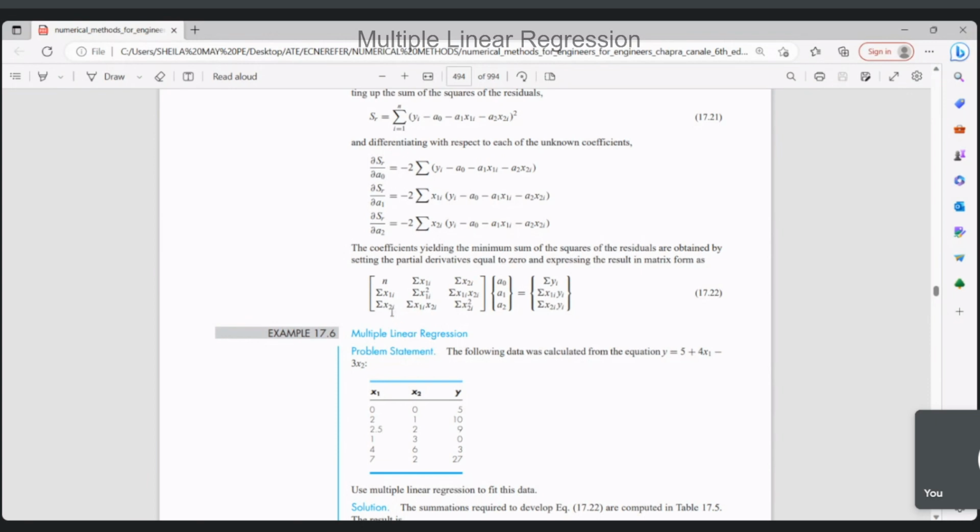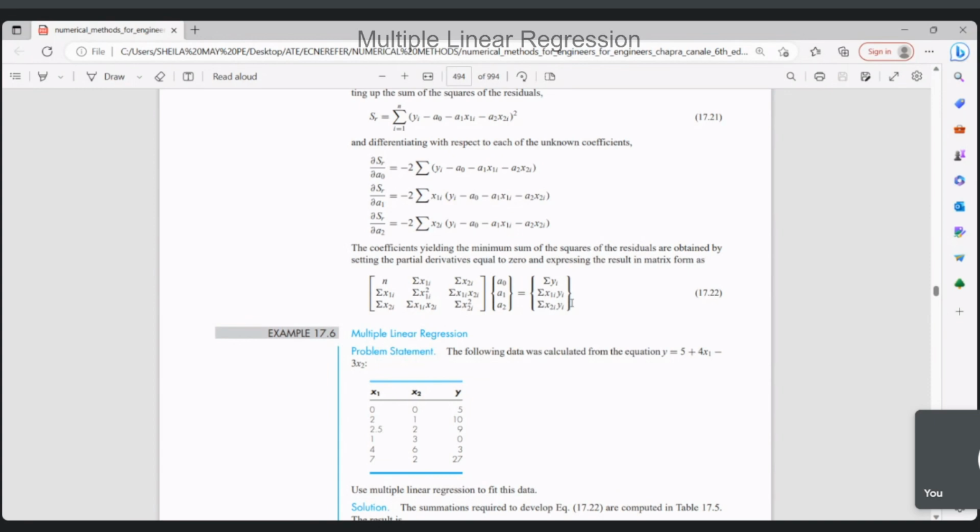We have also here the x2i and the x1i, x2i, and the x2 squared. And for the constant, we have the summation of our yi. For the second row, we have the summation of our x1i multiplied by yi. For the third row, it has summation of x2i multiplied by our yi.